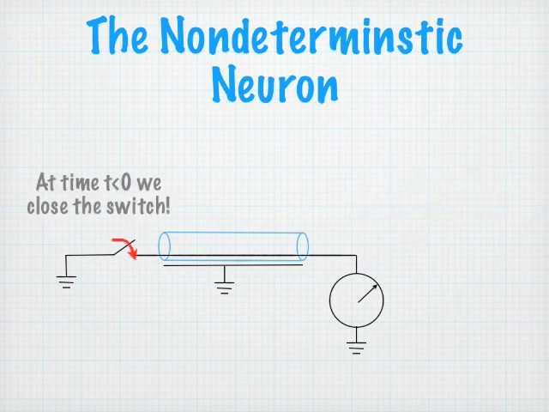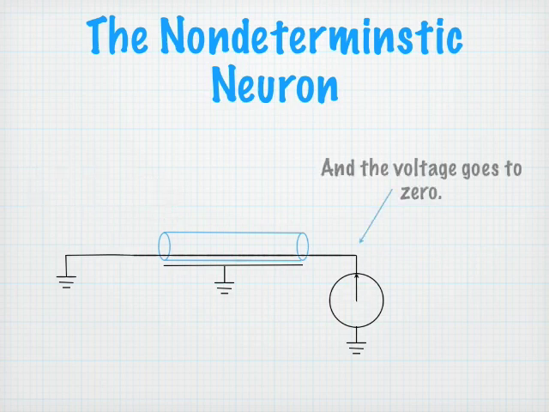And so the first thing we do is, sometime before t equals 0, we close the switch, right? So our neuron is grounded. The voltage on the inside and the outside are 0. And we let the transient processes die away. We let the neuron reach equilibrium with itself, right? So the neuron is kind of reset here to 0, all right?